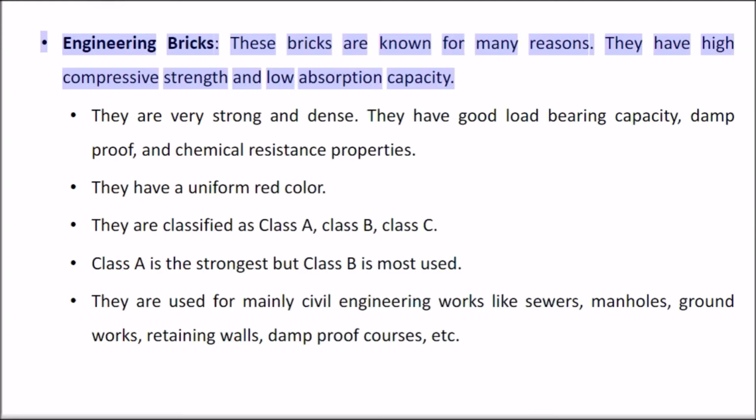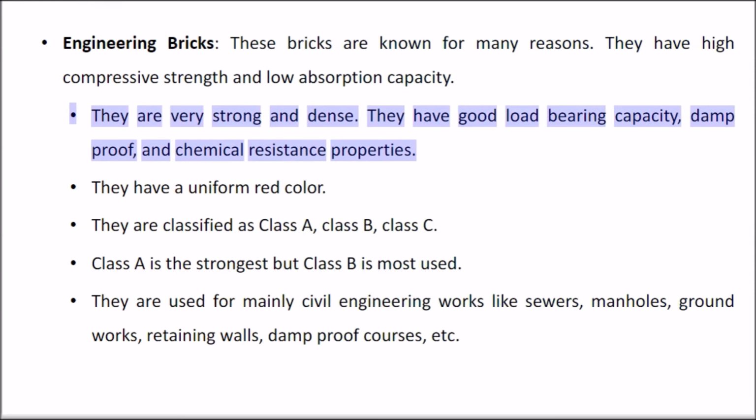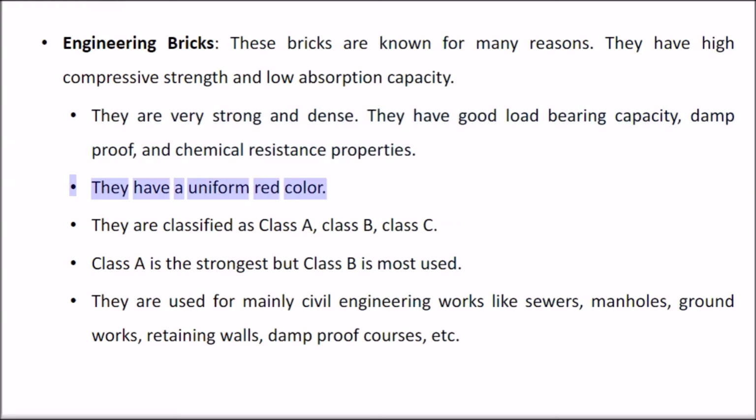Engineering bricks. These bricks are known for many reasons. They have high compressive strength and low absorption capacity. They are very strong and dense. They have good load-bearing capacity, damp-proof, and chemical resistance properties. They have a uniform red color.